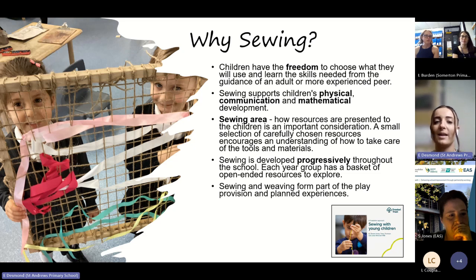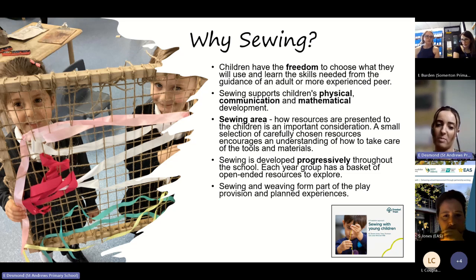We've got sewing areas or kits, particularly from nursery to year 3, which are out every single day for children to consider what tools and resources they may want to use, for that everyday continuous sewing experience.